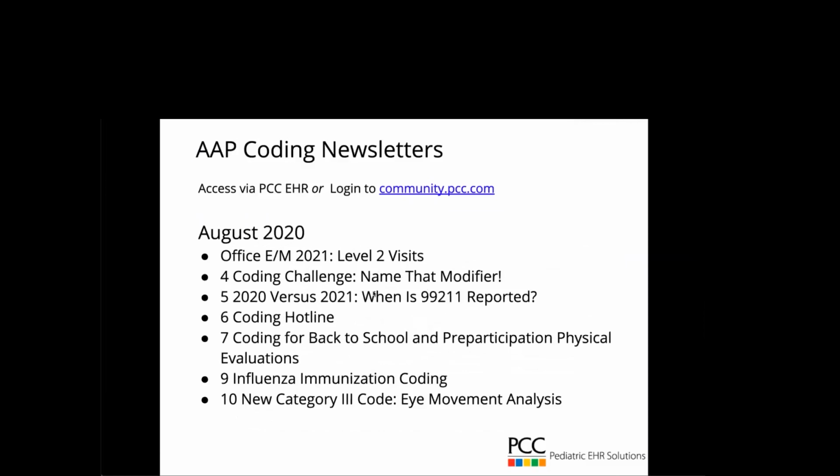I have yet to read that article. I'm interested in that one. I've been so focused on the difference between 213s, 4s, and 5s. And of course, there's always the coding challenges, the questionnaires, the quizzes that can get you AAPC credit. You've got a free half credit available if you are an AAPC certified coder.